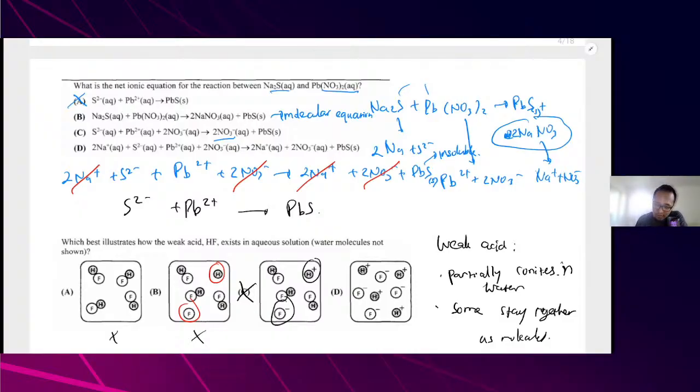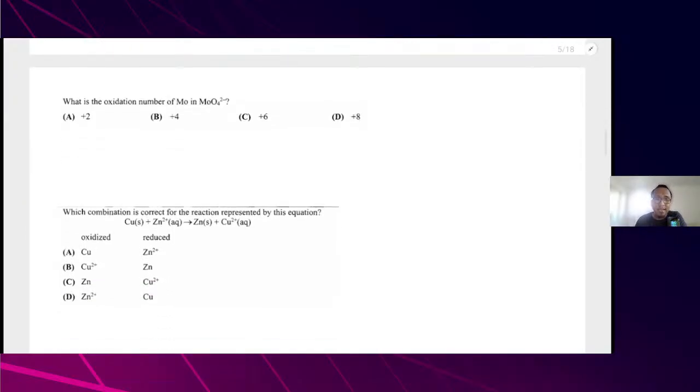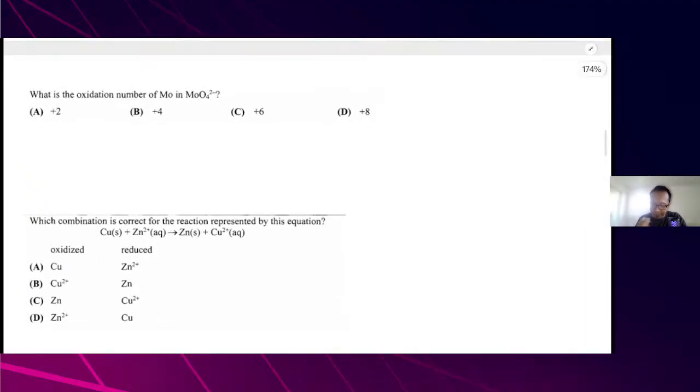Okay, let's move on to another part. Now we move on to another concept, the oxidation number. Let's take a look at the oxidation number of Mo in MoO4 2 minus.